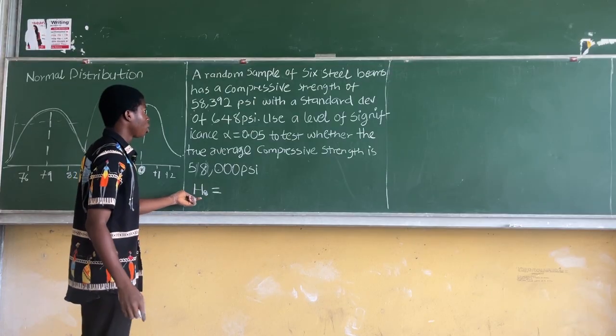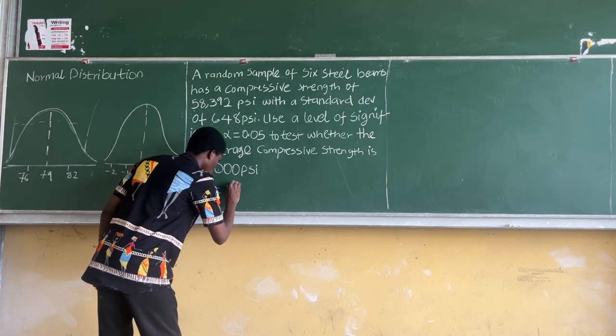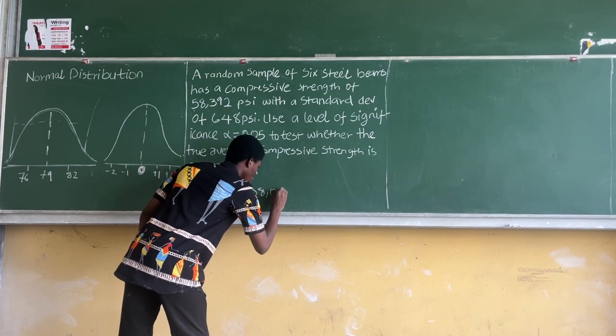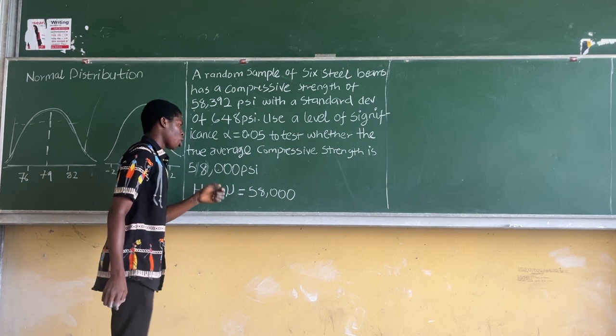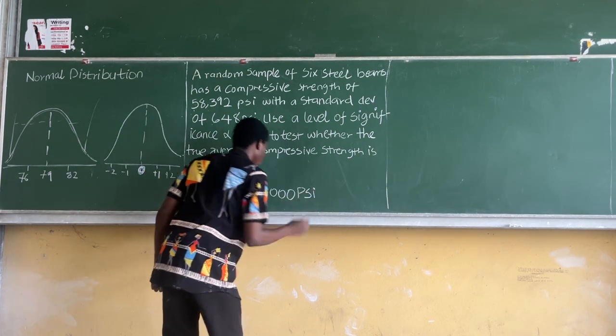is the null hypothesis that everybody agrees with, which is that the mean is equal to 58,000. This is what the engineer says that we agree with: 58,000 psi for the compressive strength.